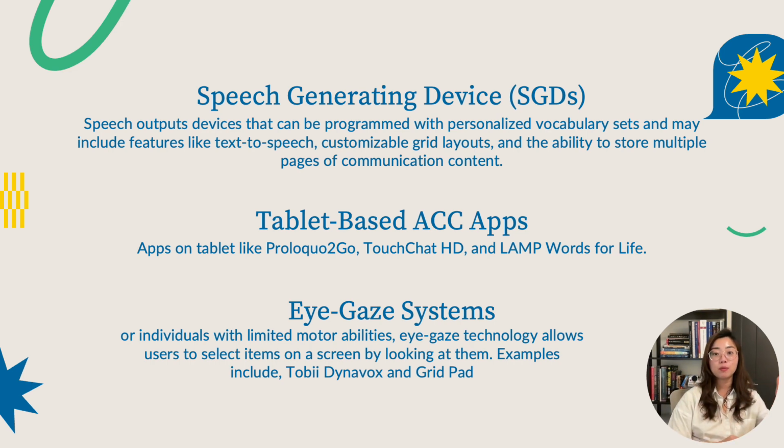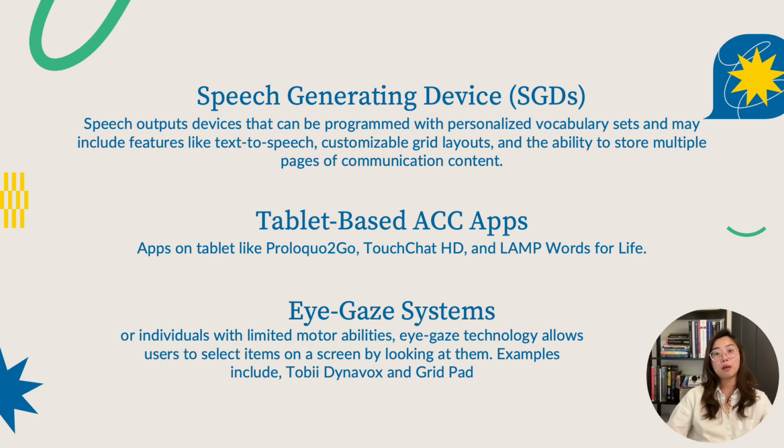SGDs can be programmed with personal vocabulary sets and may include features like text-to-speech technology or customizable grid layouts, and they have the ability to store multiple pages of communication content.